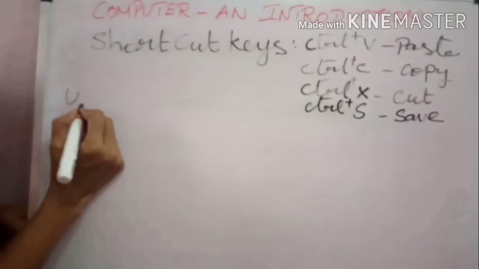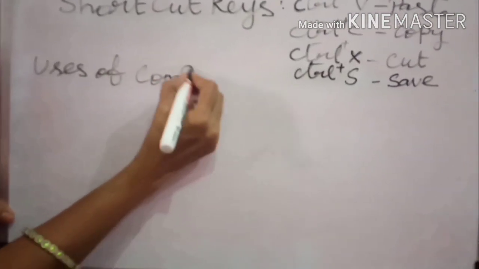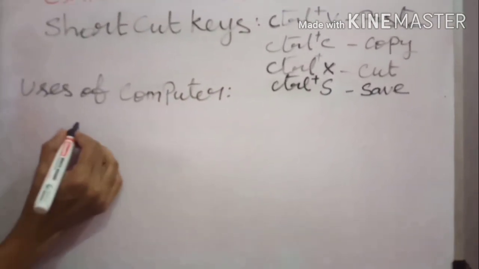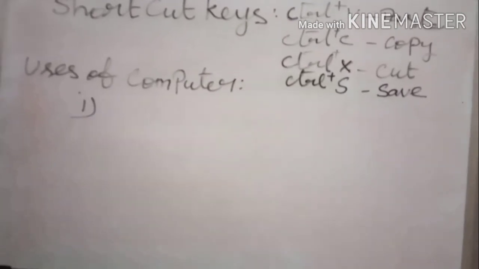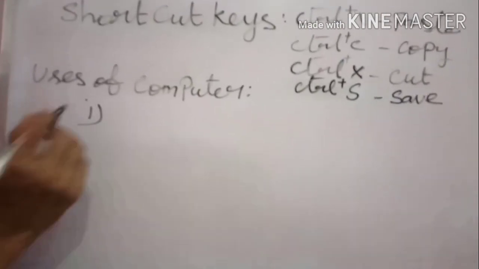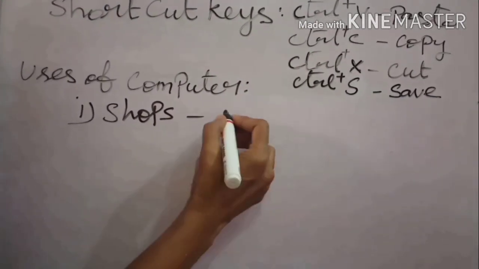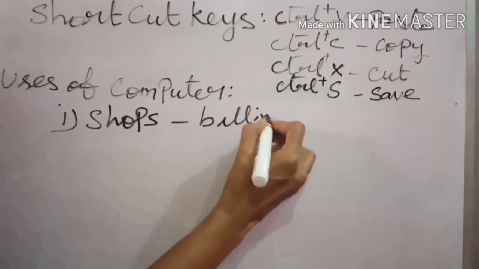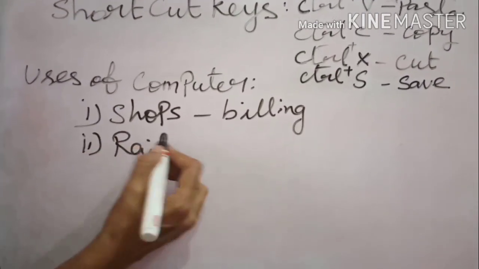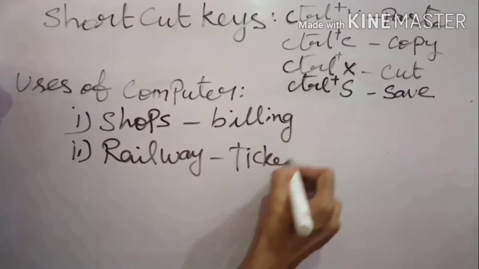Now we see the uses of computer. What are the uses? Whichever shop you go to, what type of billing are you getting? In shops, they are using computers for billing purposes. And in railway stations, ticket vending machines are used.